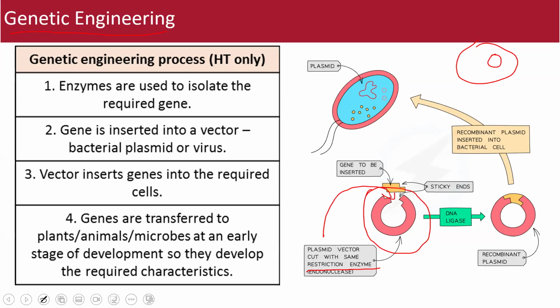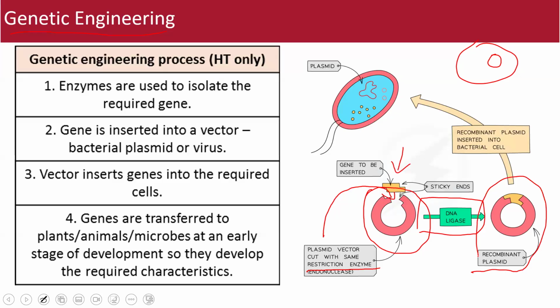Then using another restriction enzyme, they put another piece of DNA in there. To fix it in place, they then use something called DNA ligase. That is then called recombinant plasmid.